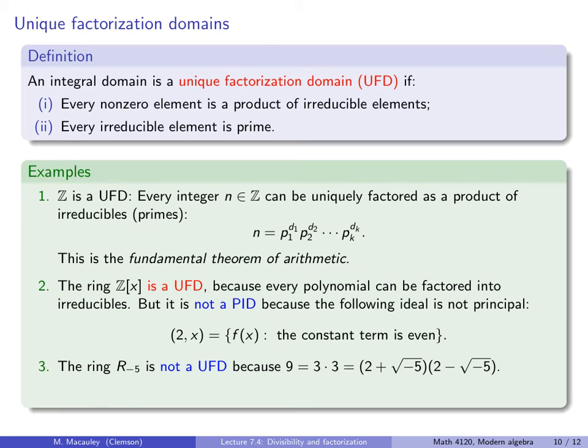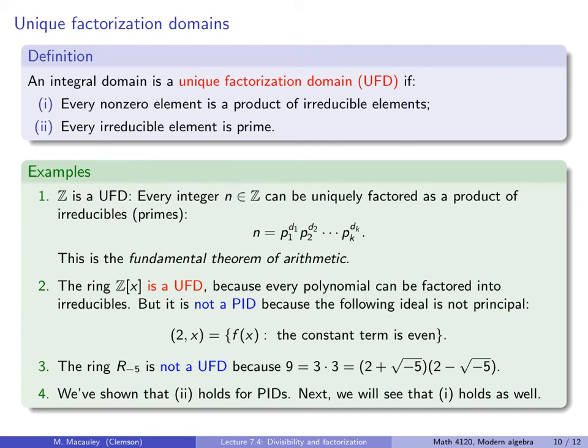The ring R-5, which we saw in the beginning of this lecture, is not a UFD because 9 can be factored two different ways as a product of irreducibles: 3 times 3, or 2 plus root negative 5 times 2 minus root negative 5.